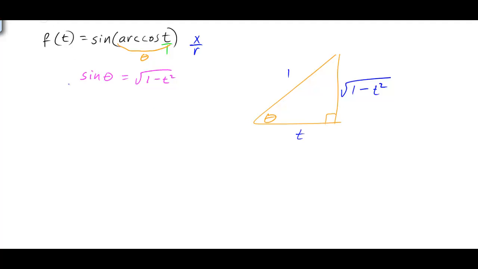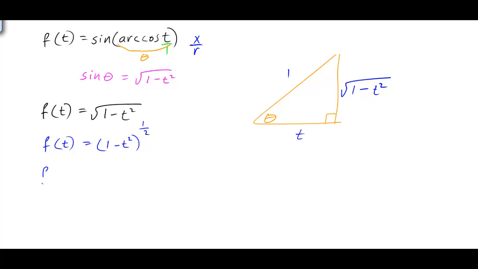So that means that we have f of t, which is equal to sine arc cosine of t, is the same thing as the square root of 1 minus t squared. So if we want to find the derivative, we could rewrite this and think of this as f of t equals 1 minus t squared raised to the 1/2.